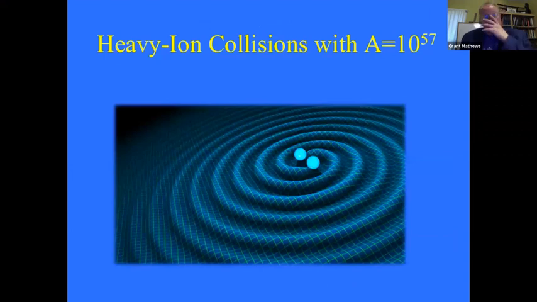I wanted to finish up talking about the ultimate heavy ion collision, which we'll hear many references to today, which is the binary neutron star merger and its effects on the R process.